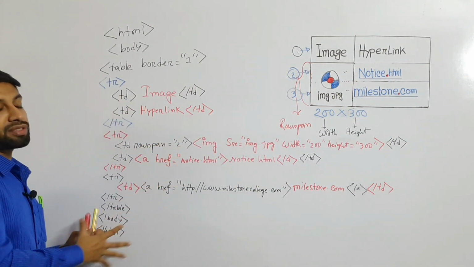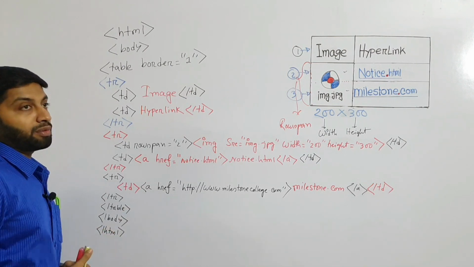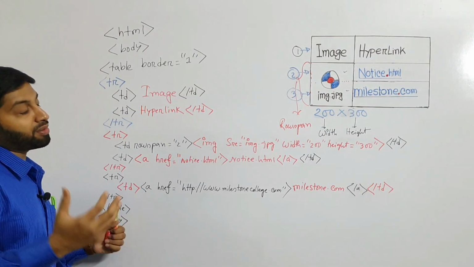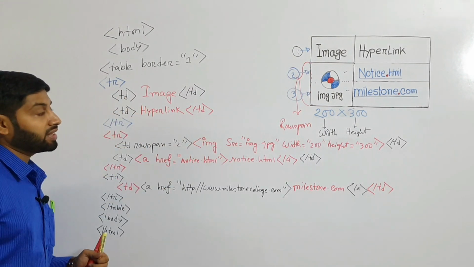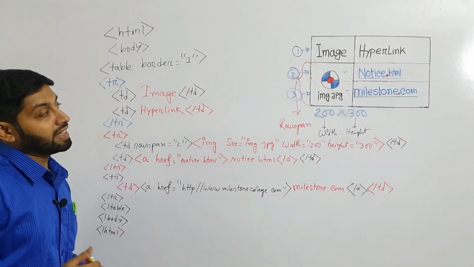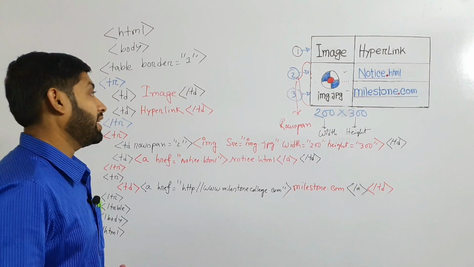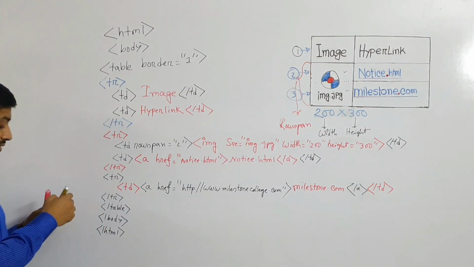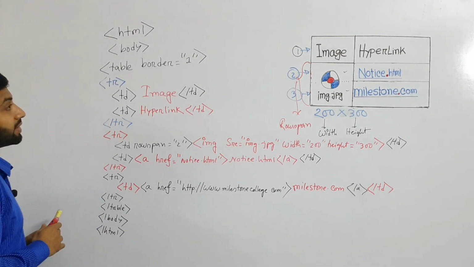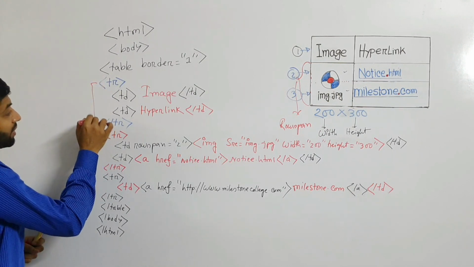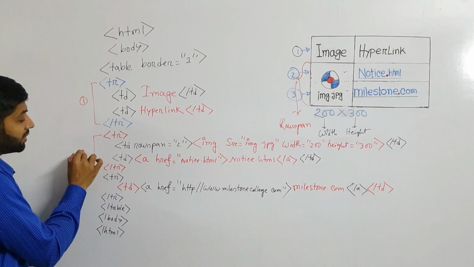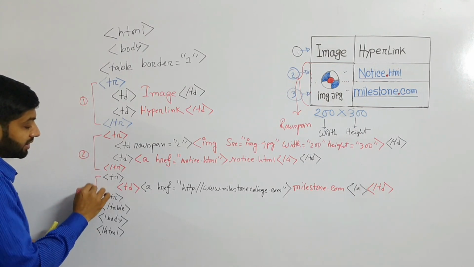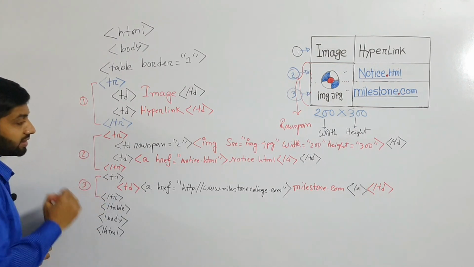If you write this code on your laptop or computer, or in an editor on your mobile, then you will see this sort of HTML table at the output. This code is for the first row, this for the second row, and this code for the third row.